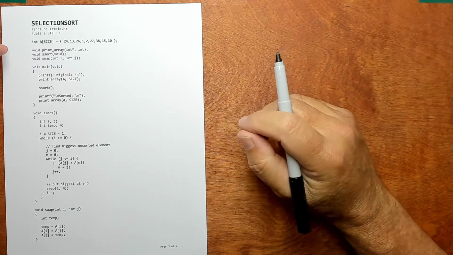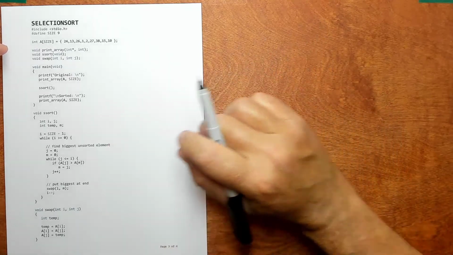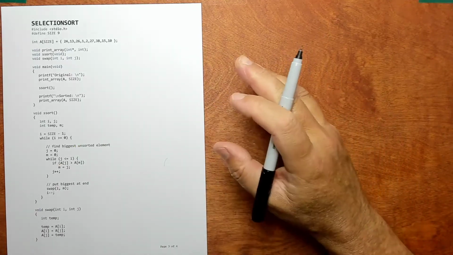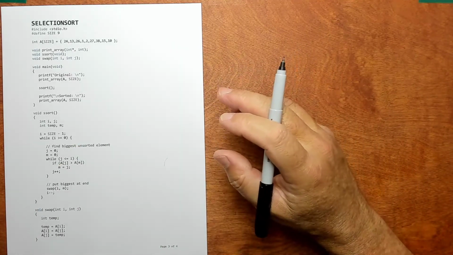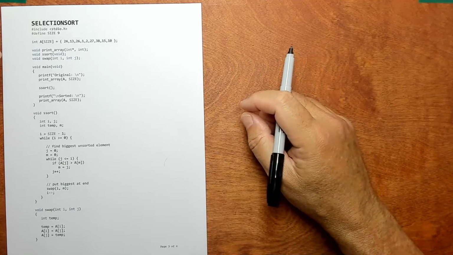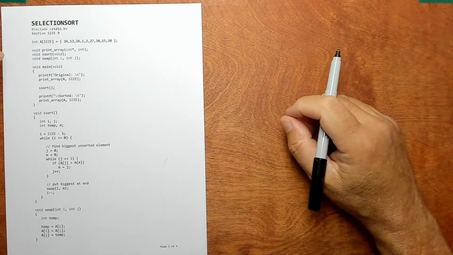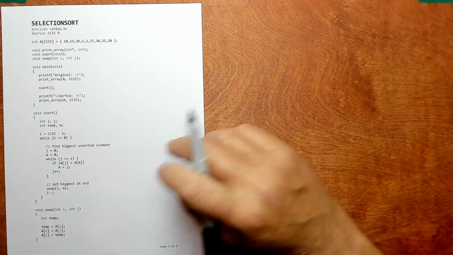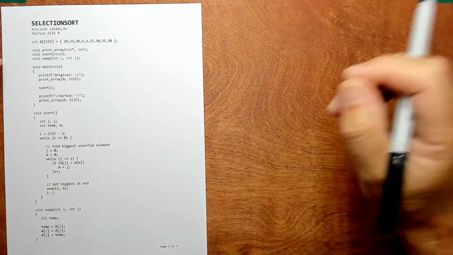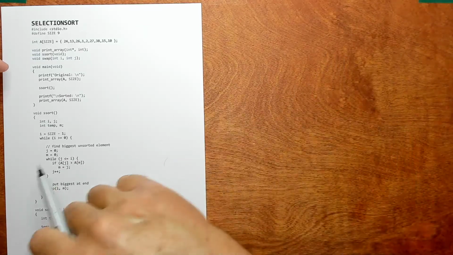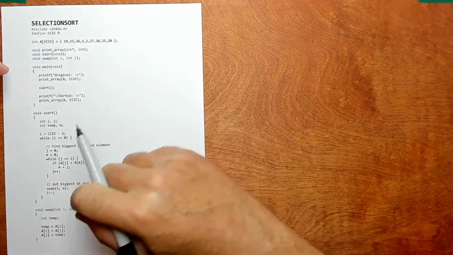More specifically, we're scanning through unsorted items, finding the biggest item and putting it in the next position in the list. So we'll go through and find the biggest item, put it at the end. Then we'll do that again. We'll find the next biggest item, select it, put it next to the last guy we just did. Then we'll scan again and find the next biggest item and stick it in there.